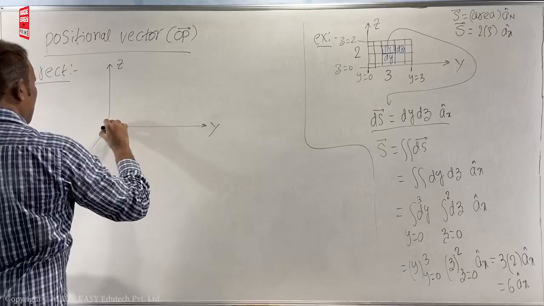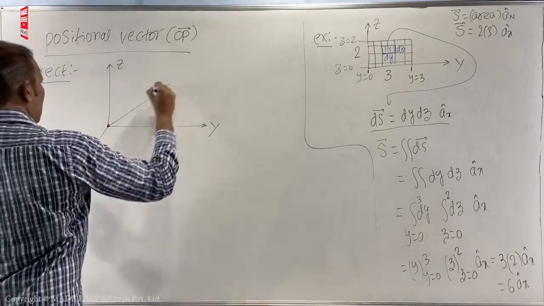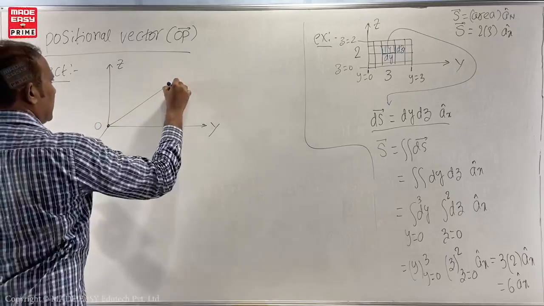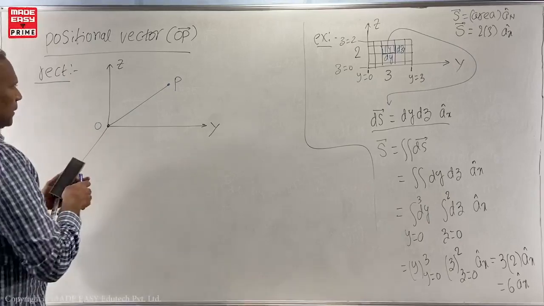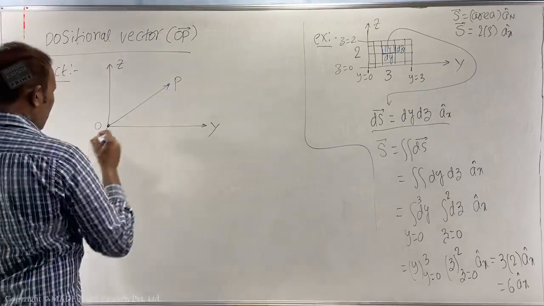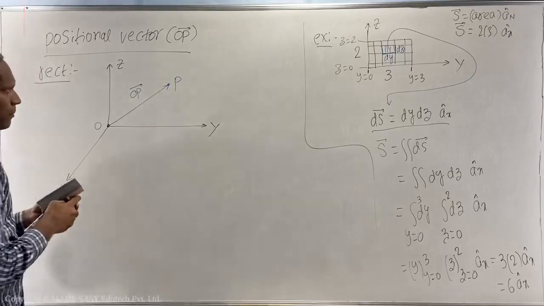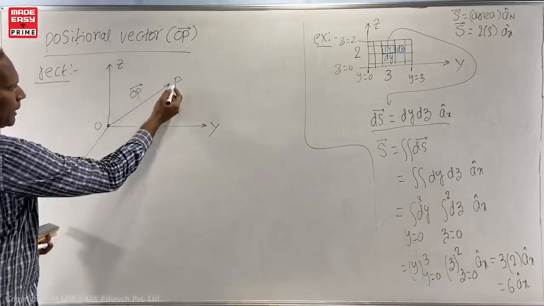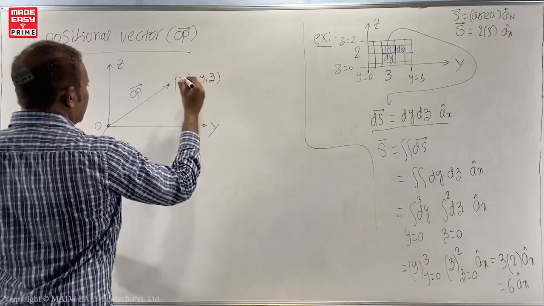Let us say here one line is there like this. This is point O, this is point P. In the rectangular system, the general point is x comma y comma z. So this is called OP bar. It gives the position of this point with respect to the origin. So here it is x, y, z.